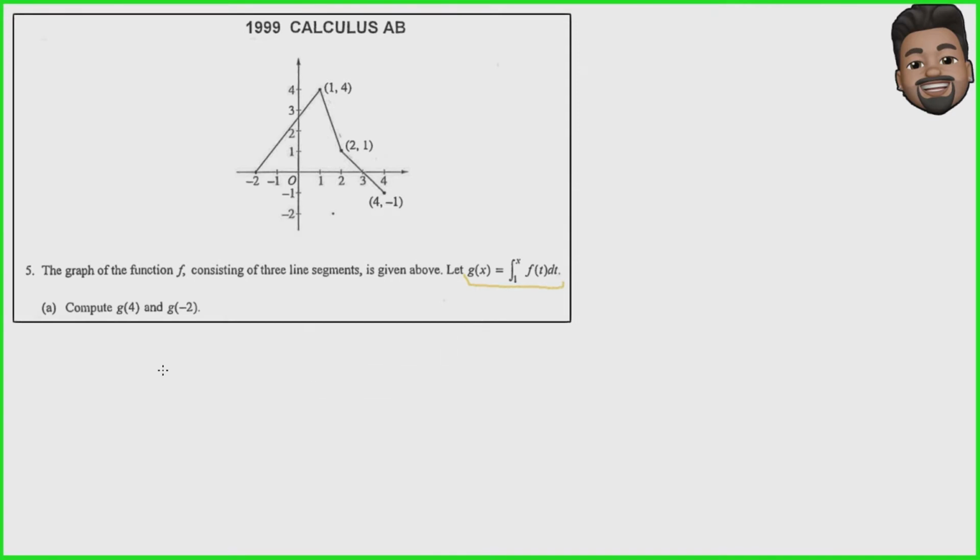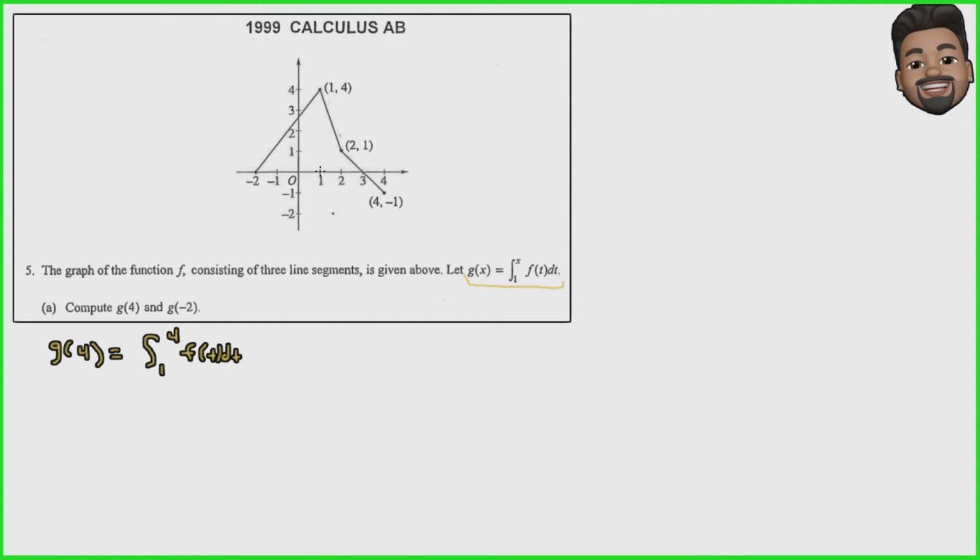So let's plug them in just like you normally would. We get g of 4 is equal to the integral from 1 to 4, not to the 4th, but basically 1 to 4, of f of t dt. Well, what does the antiderivative tell us to do? We have to take the area under the curve from 1 to 4.